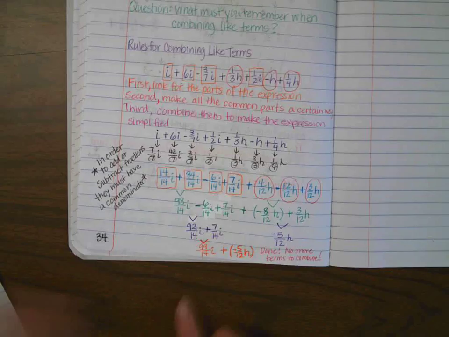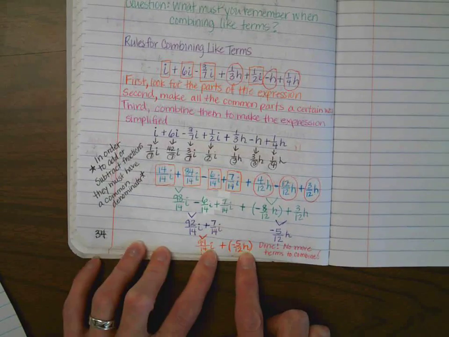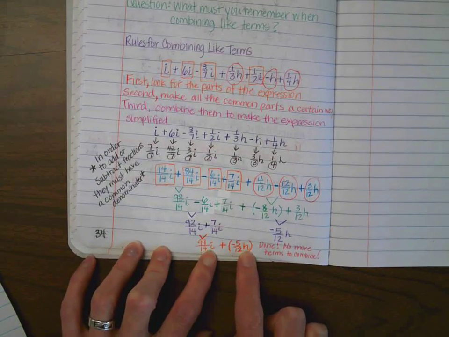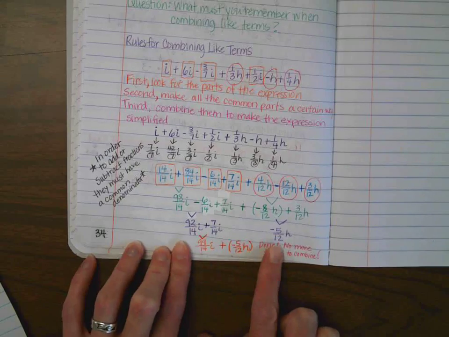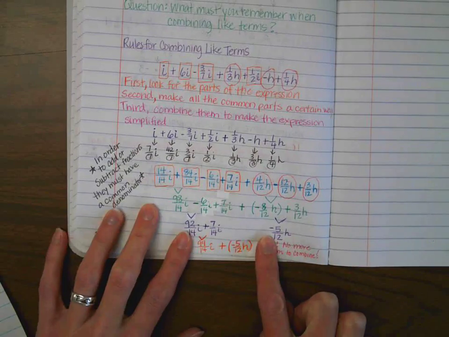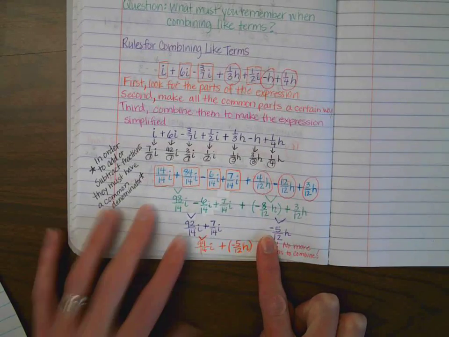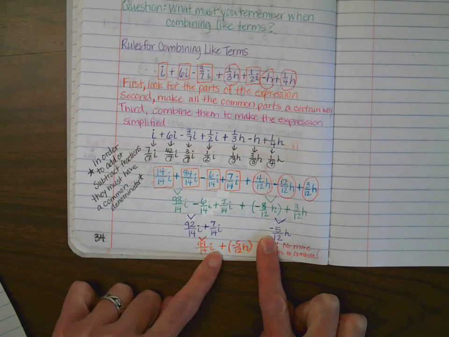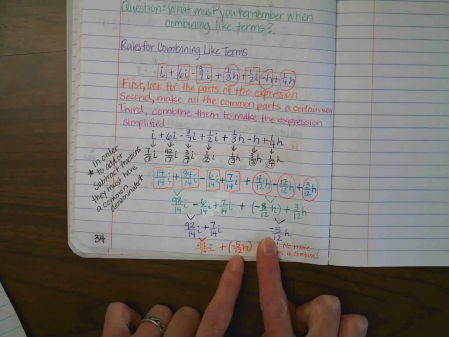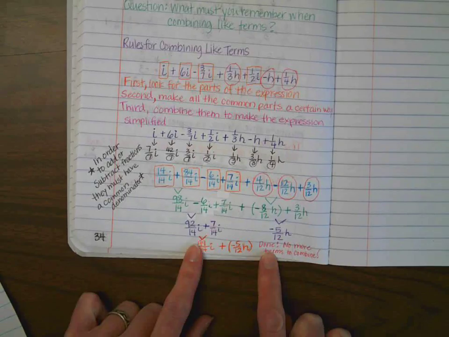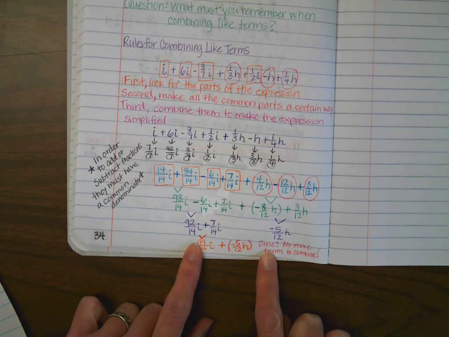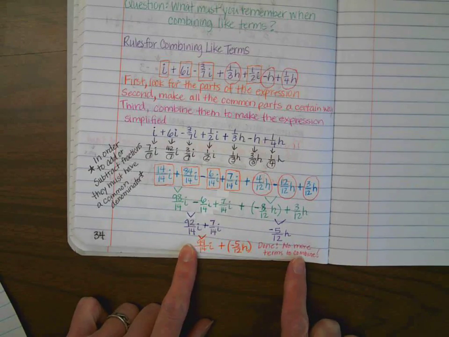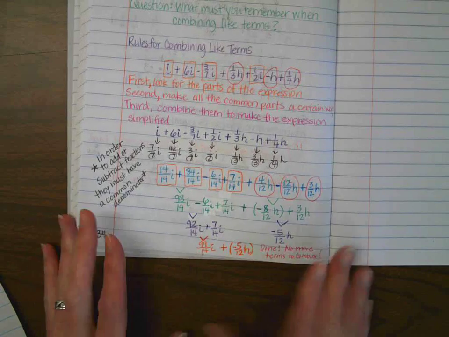We combine the I's, and we combine the H's. We cannot combine anymore because I's are not the same thing as H's, so this right here is the most simplified expression it can be: 99/14 I plus negative 5/12 H. You're done. No more terms to combine.